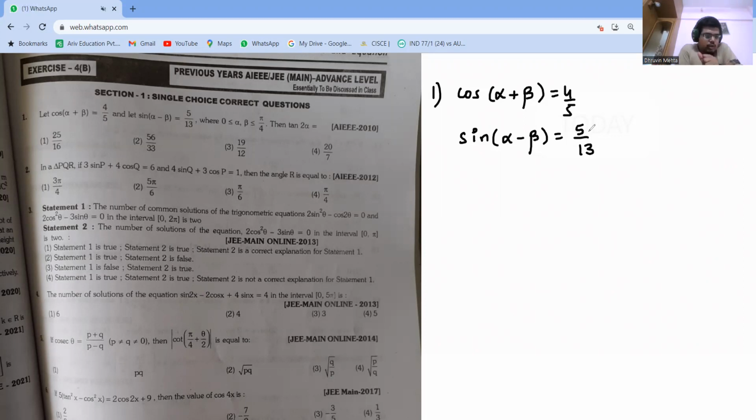Interesting. Easy actually question if you can understand the relation between the given angles alpha plus beta, alpha minus beta, and the angle which we have to find, 2 alpha. Think about this. What will be the relation between these three angles?